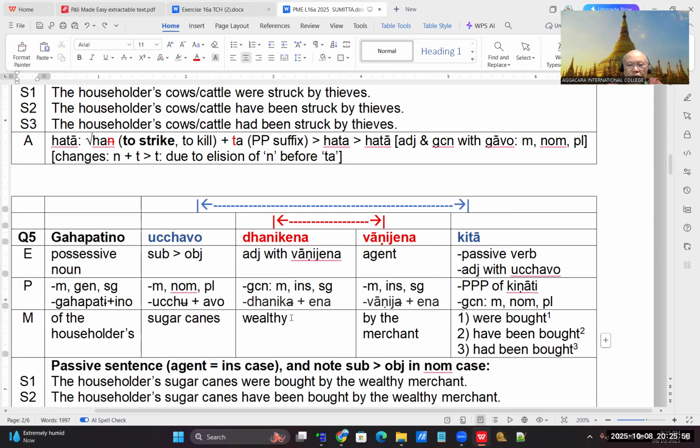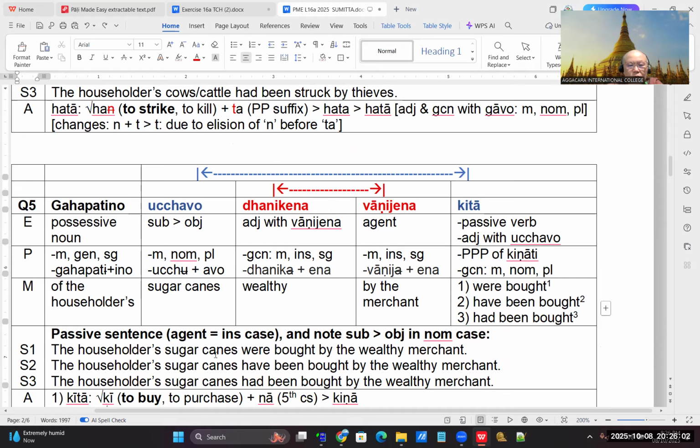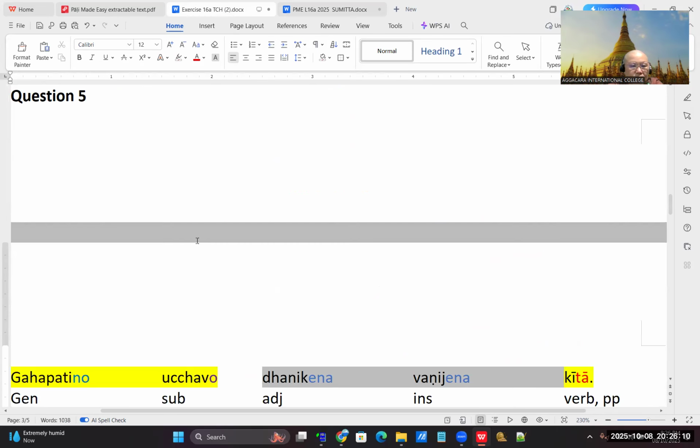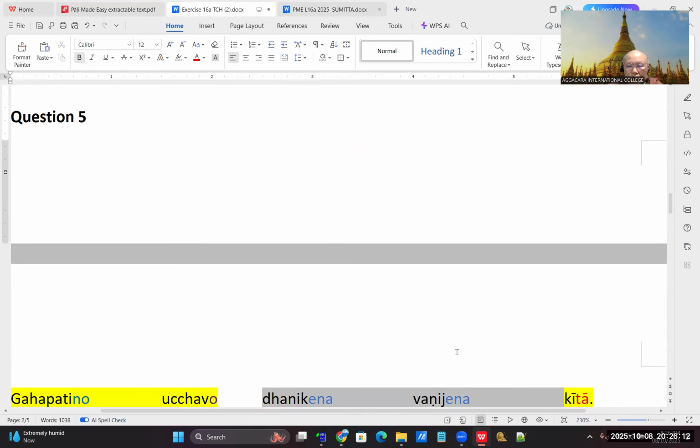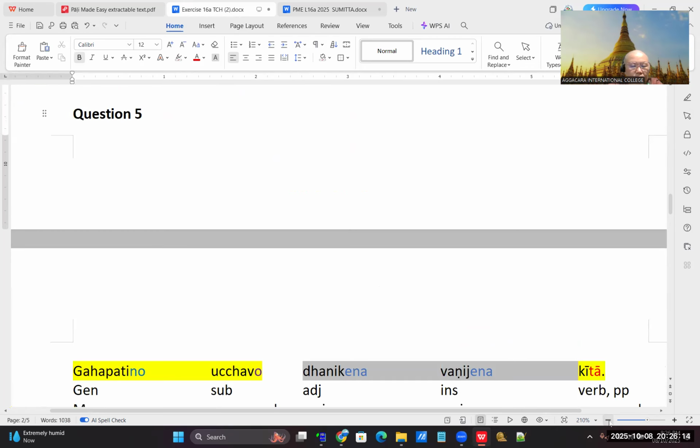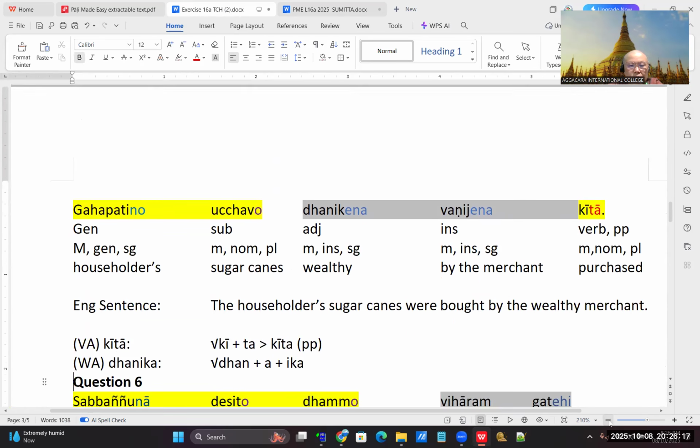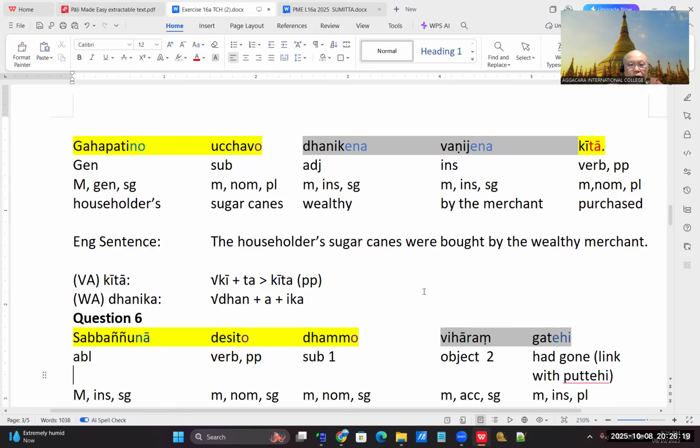Now, this wealthy is an adjective modifying the agent. So the householder's sugar canes were bought, had been bought by the wealthy merchant. It's okay.